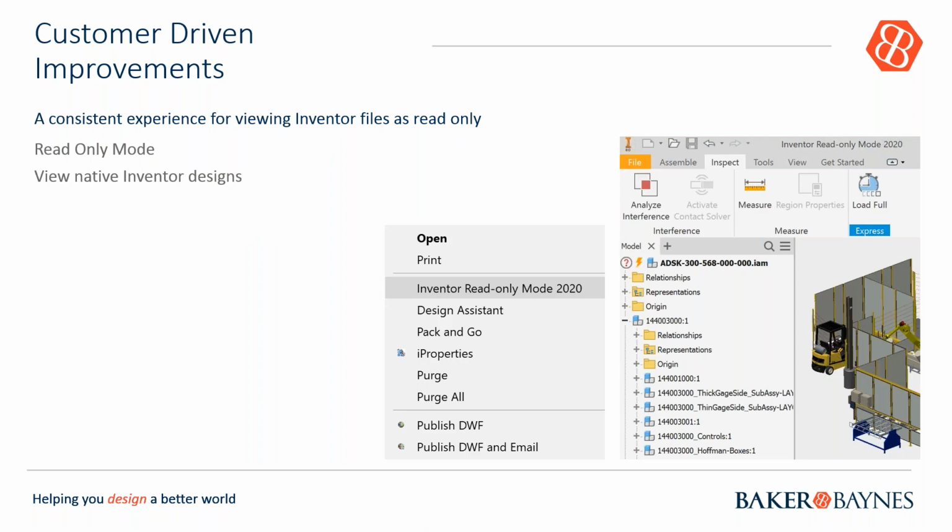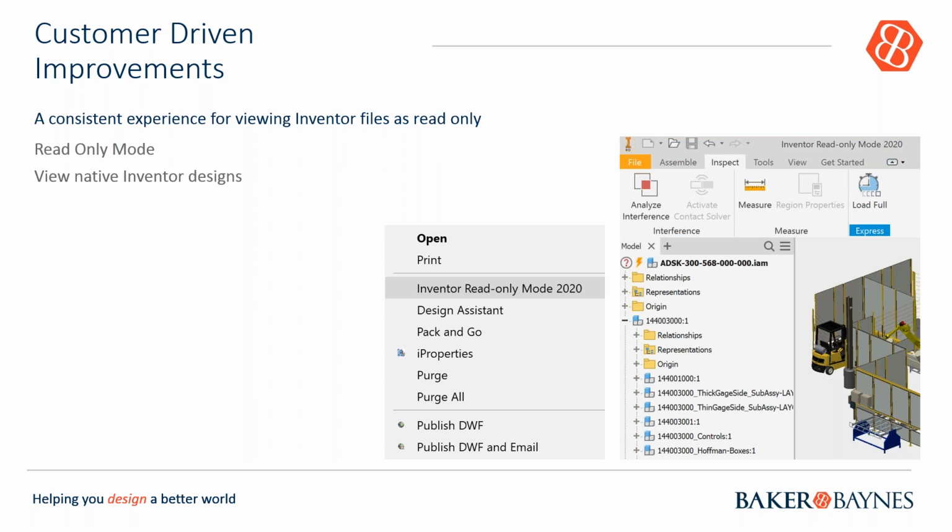Okay, so in here, Inventor read-only mode allows you to access Inventor IPT and assembly files, as well as drawings, IDW and DWG, and also presentations, so IPN files, for viewing in the Inventor user interface without consuming any Inventor license. So it's really, really nice. It's a very nice viewer. The Inventor read-only mode comes with the installation media, so you can install that as well.